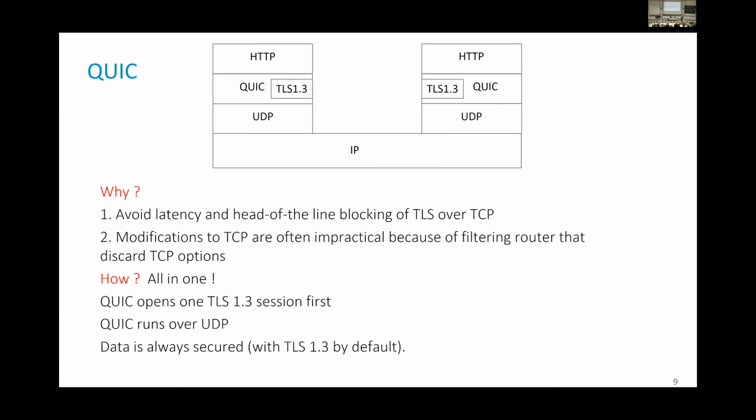This is exactly what QUIC does, which means QUIC does not use TCP. QUIC uses UDP. If QUIC had been invented 30 years ago, it would have been called TCP version 2 or something like this. So it is really a transport layer.